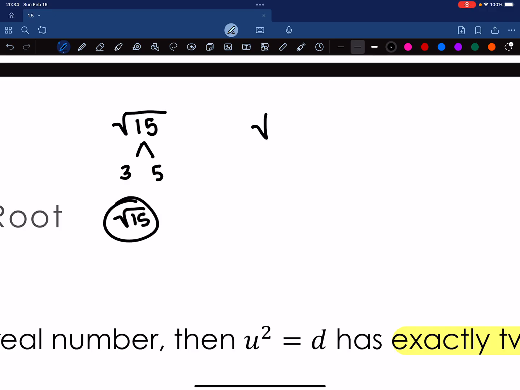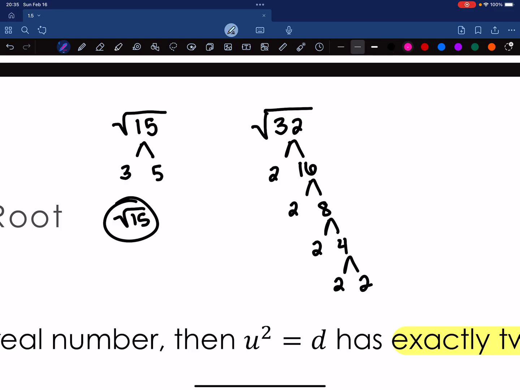But let's say we had the square root of 32. Okay, the square root of 32 breaks down into 2 times 16, 2 times 8, 2 times 4, and then 2 times 2. So you want pairs. This is a pair, it gets to leave as a big 2.